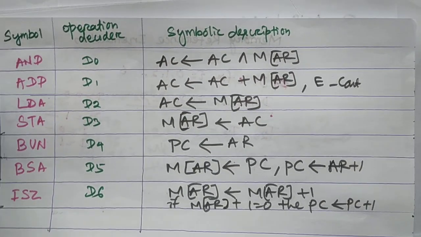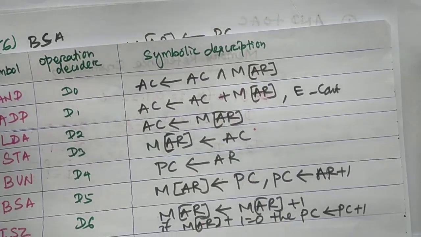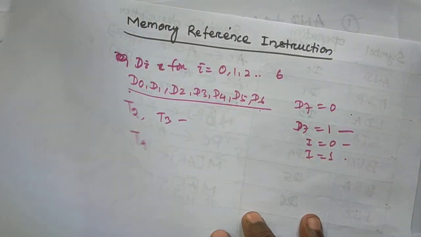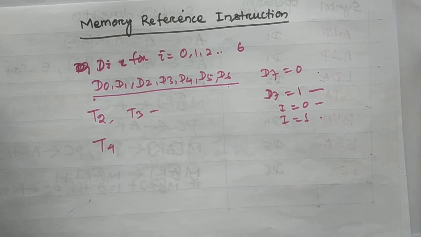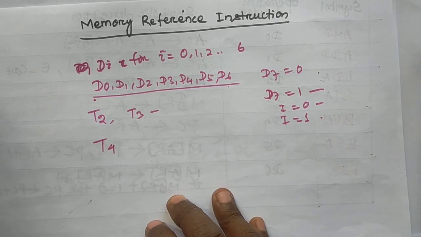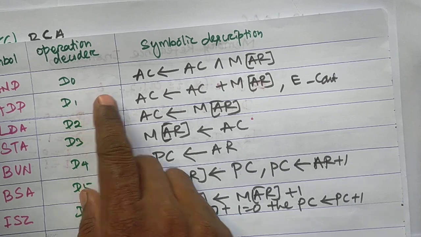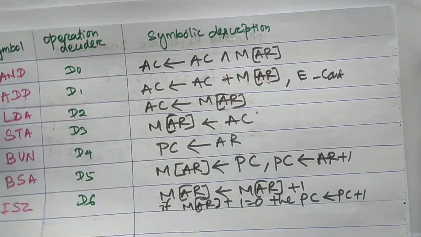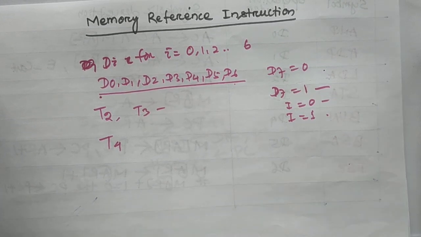Memory reference instructions are very important to define, and different instructions are designed as per the symbol, operations, and symbolic description. I hope all of you understand this topic.